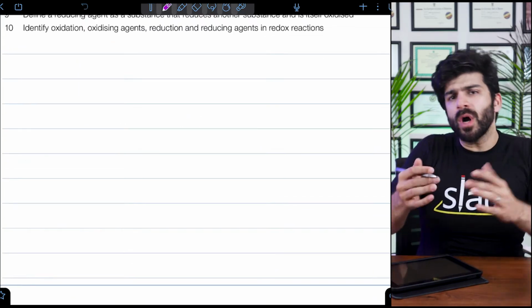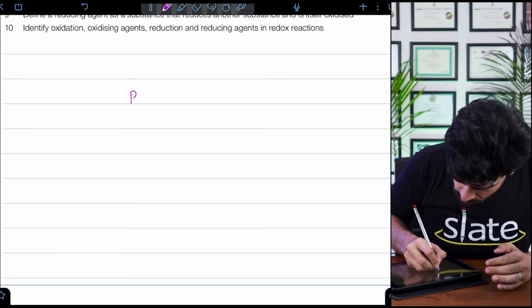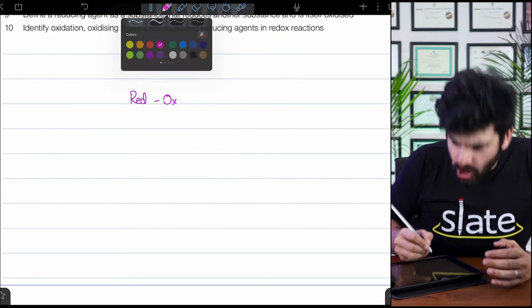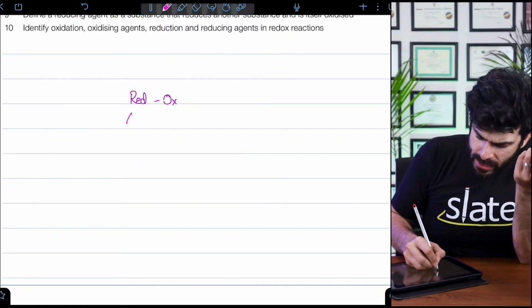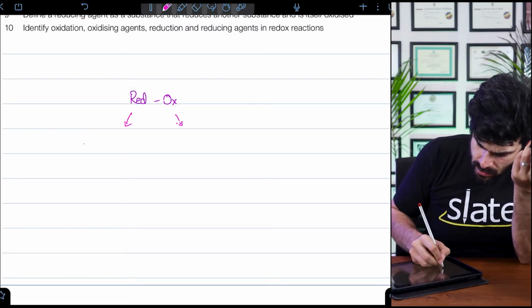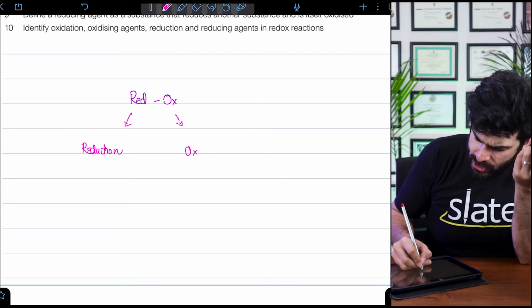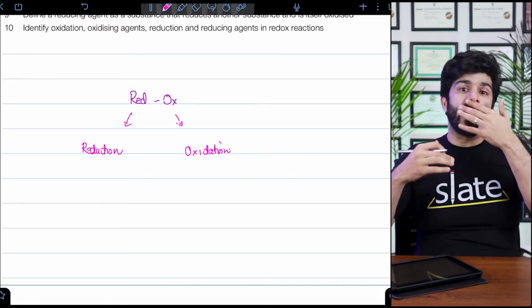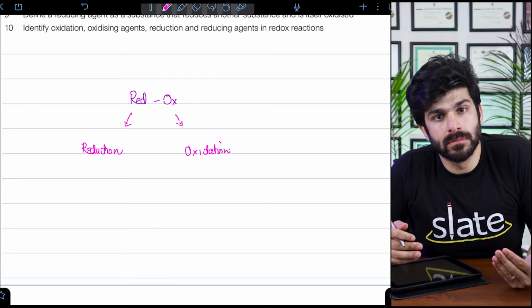So, what is redox? It's a combination of two reactions, that is reduction and oxidation. And these two reactions occur simultaneously.